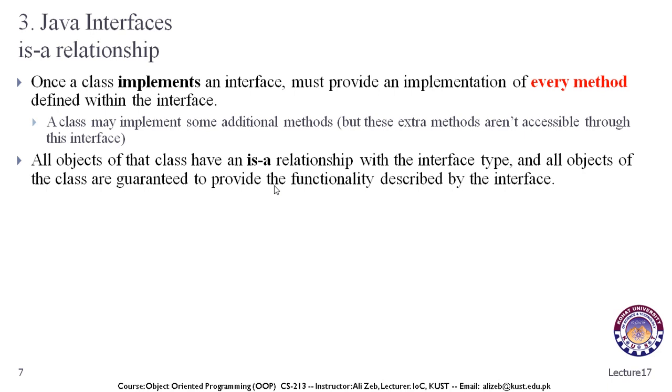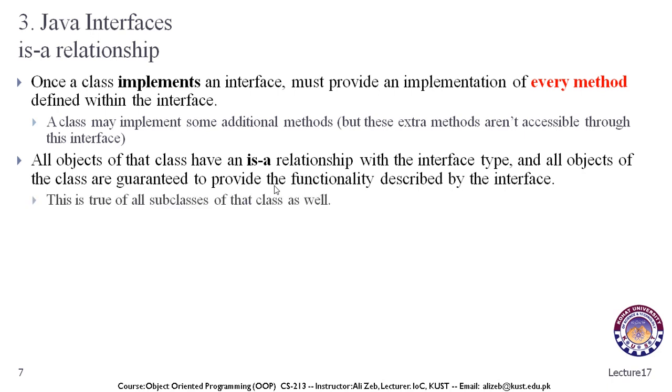By this we mean that whatever methods are declared in the interface must be implemented by the classes that implement that interface, and consequently those implementations, or the functionality, will be accessed by the objects of those classes.